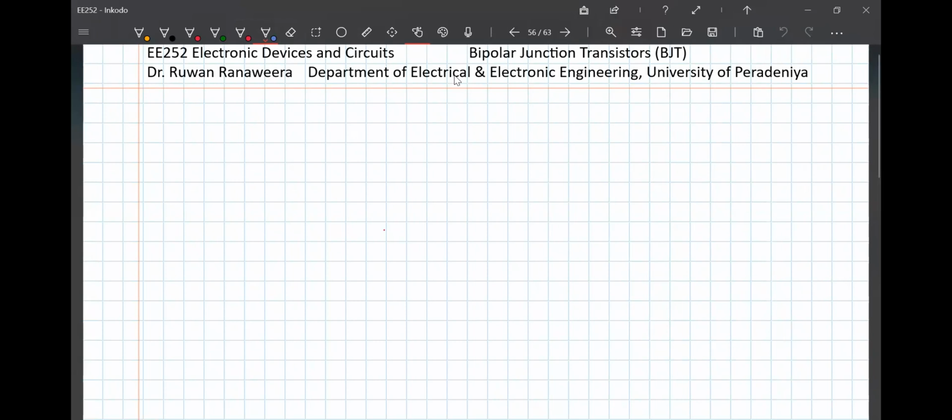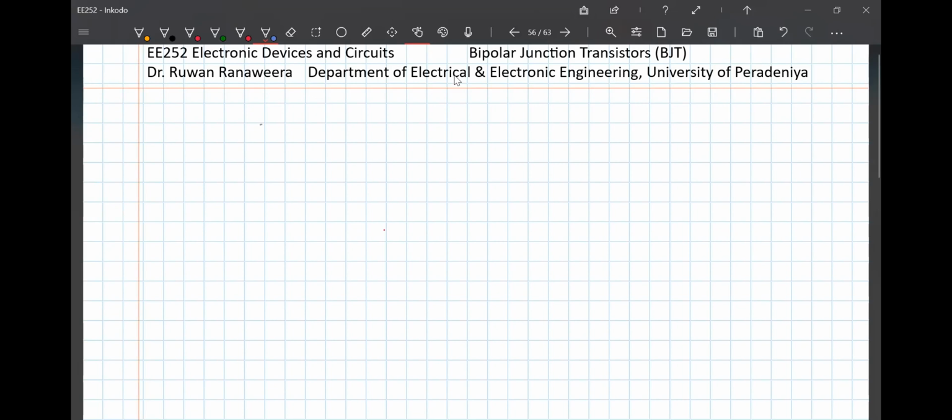Now we bring in the collector also into the circuit, and you put the collector at a much higher potential. Remember, the emitter is at the lowest potential. The base-emitter voltage is positive, so the base is at a higher potential, and I put the collector at even higher potential. So the circuit looks something like this.